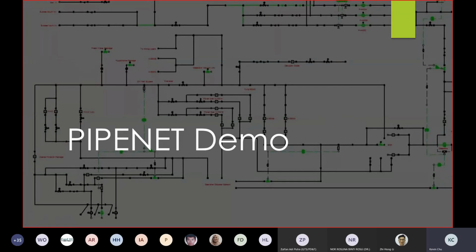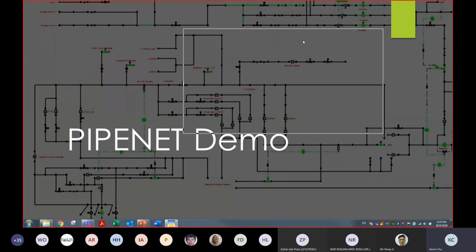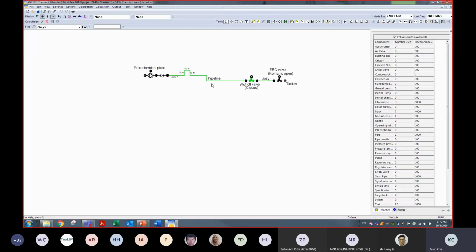So here I will demonstrate a hydraulic computation using Pipenet. This is how the Pipenet interface looks, but I won't go through every detail.